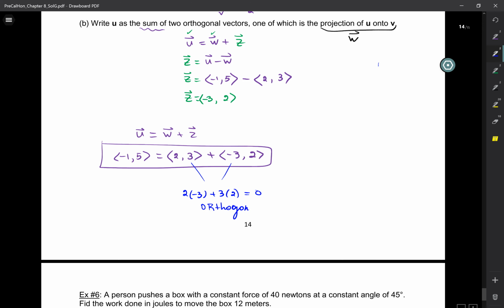You tell me. 2 times -3 and 3 times 2. Right? So it's -6 plus 6, which is 0. So the dot product is 2 times -3 plus 3 times 2, so those two are orthogonal.